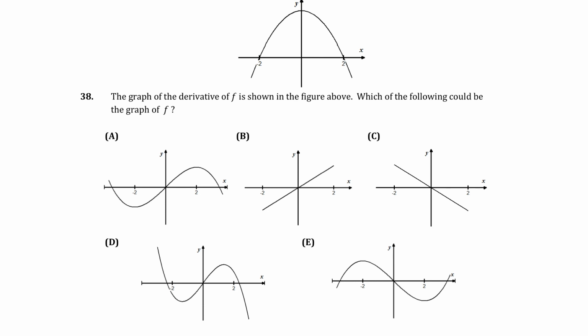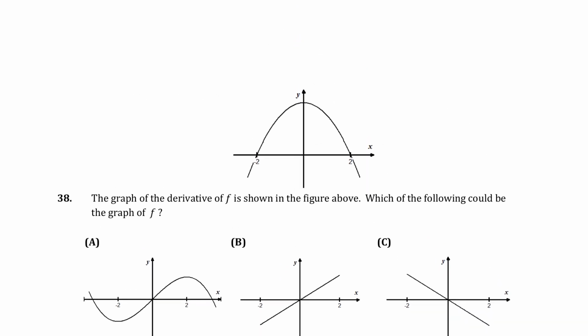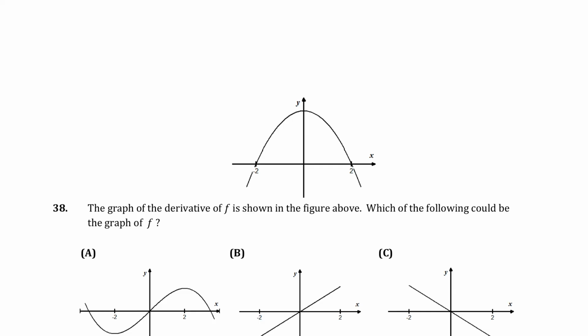If I look at the curve at -2, what is the slope? Here the slope is negative, so that means it's negative here, right?